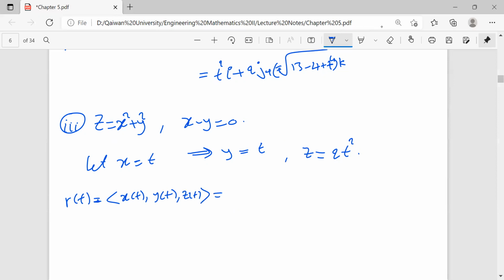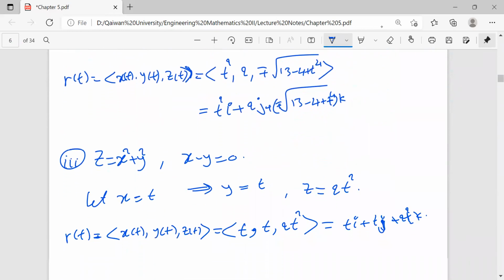This equals t, t, 2t squared, which is ti plus tj plus 2t squared k. This is the result. This is the vector valued function. It's so easy, isn't it?